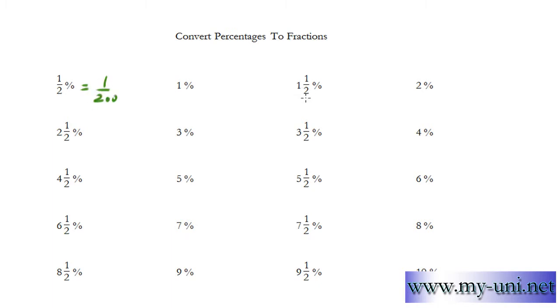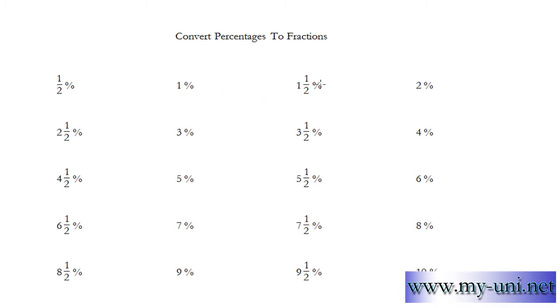1.5%. So this one you have to convert into an improper fraction. This is a mixed fraction. To convert this into an improper fraction, multiply 2 by 1, which is 2, and then add the answer to the numerator: 2 plus 1 is 3, so this is 3 over 2.